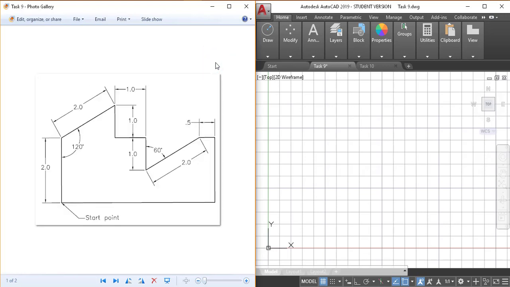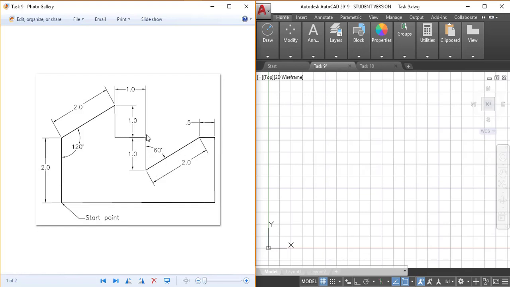So first of all, let's analyze task 9 and see which coordinate system is suitable for creating this sort of drawing. First of all, we have to see whether we have the grid available or not. Since we can see that there is no grid, so we cannot use the snap mode. The next thing is that we have to see whether the absolute coordinates of each point are given or not.